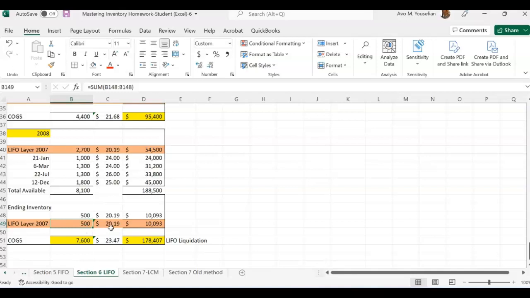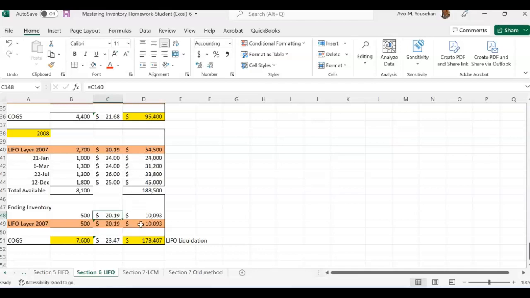500 units. First of all, this is a LIFO liquidation because we sold more than what we purchased, and we liquidated literally the 2017 LIFO layer to the point that we have only 500 units left. Okay, and what is that cost? The cost is coming from that layer.